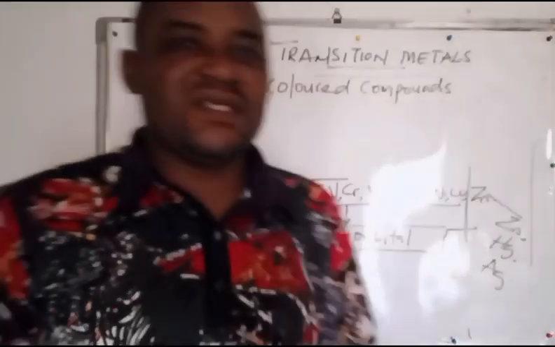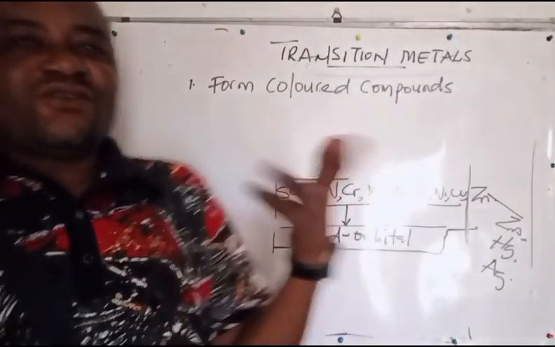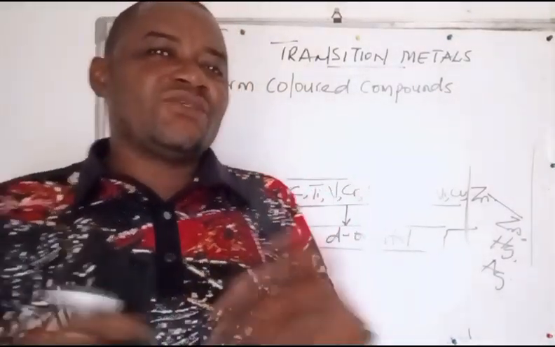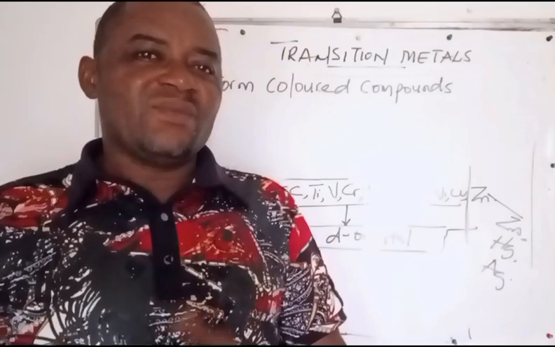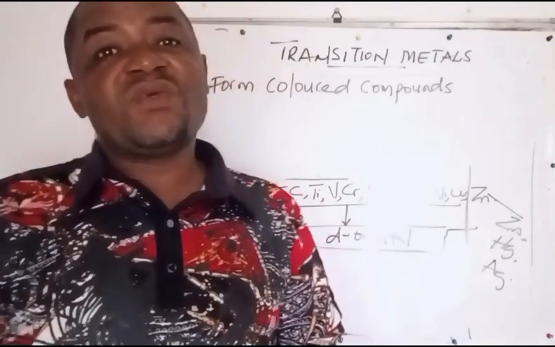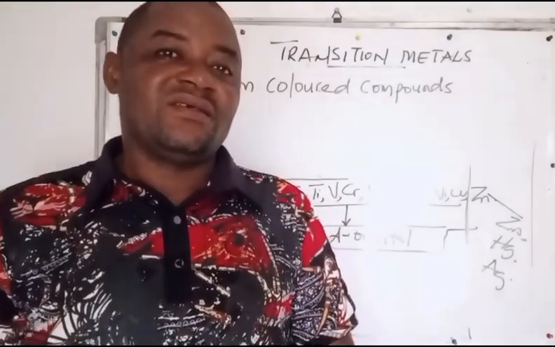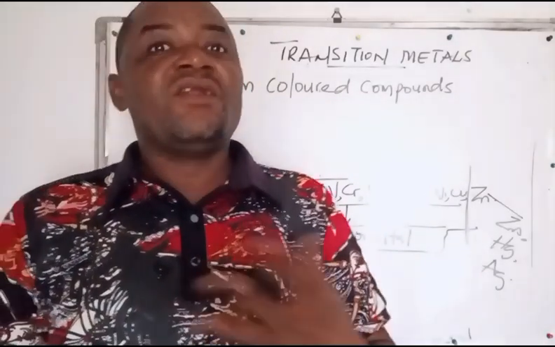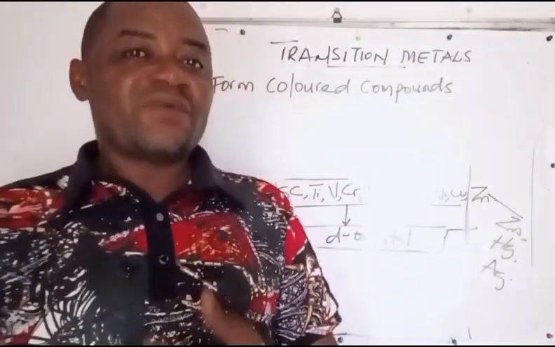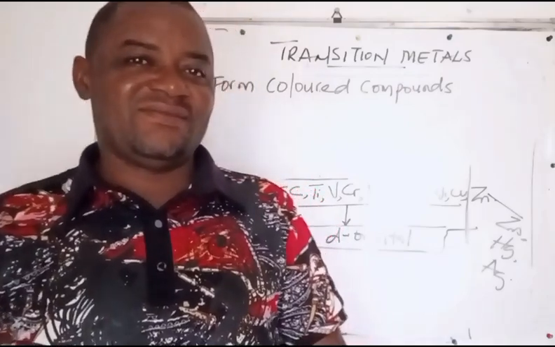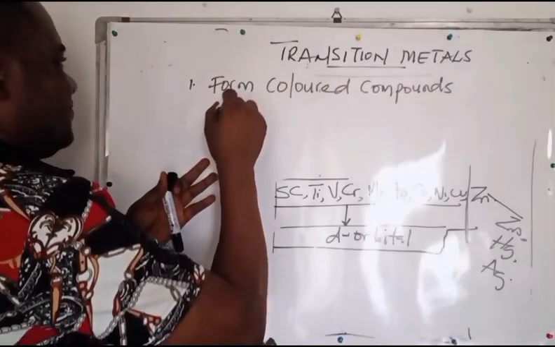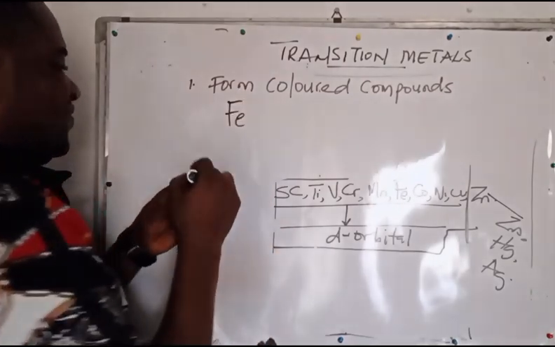What do we mean when we say transition metals form colored compounds? Do you know that most of the solutions of compounds, liquid compounds that you find, have very beautiful colors? A lot of them are prepared from transition metals. Take for example iron.